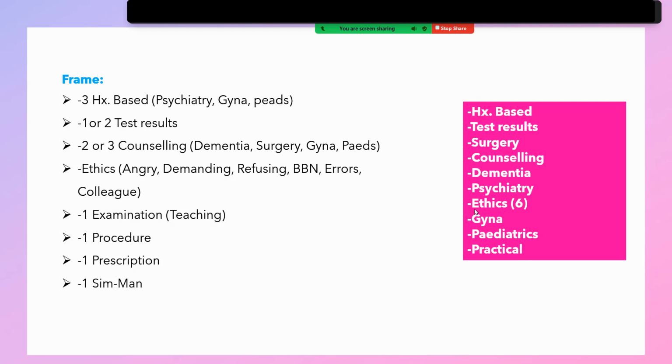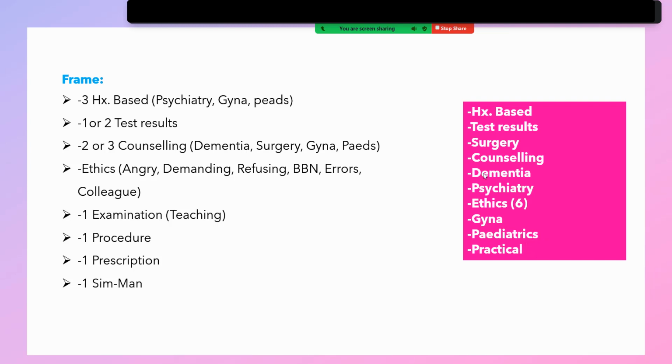All right. Also, we have ethics approach. In ethics, we have 6 modules: angry patients, demanding patients and relatives, refusing patients, breaking bad news, explaining medical errors, and colleagues. This is for ethics. Then we have gyna cases, gynecology and obstetrics, and pediatrics cases.